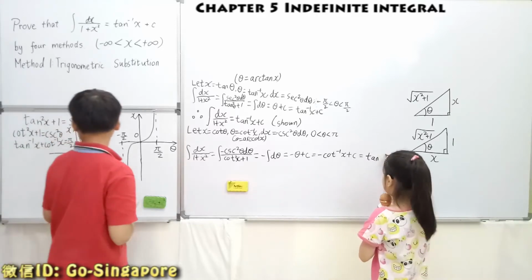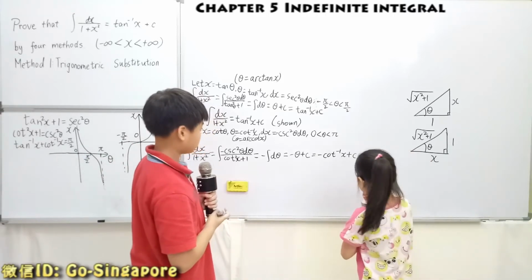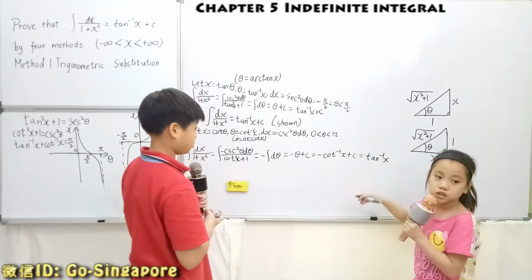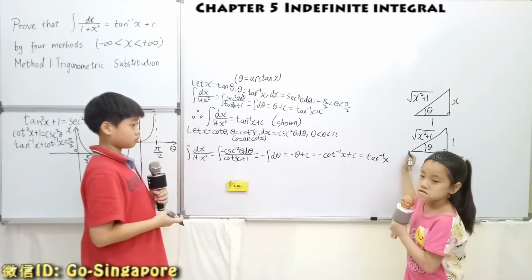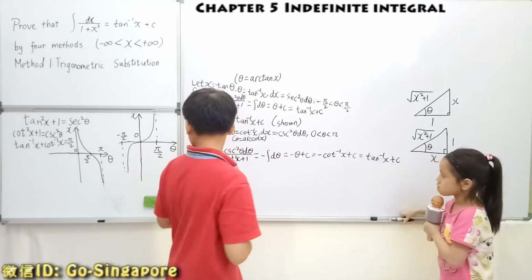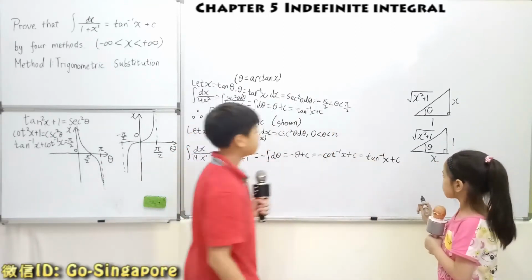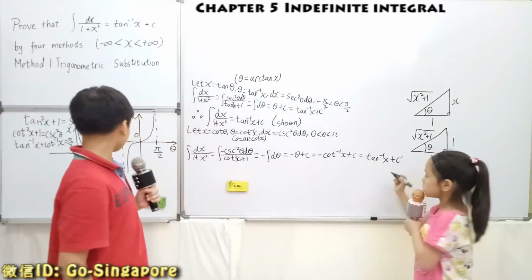Here we have 1 over x and a negative, so they can cancel. It is C prime because there's an extra half pi.